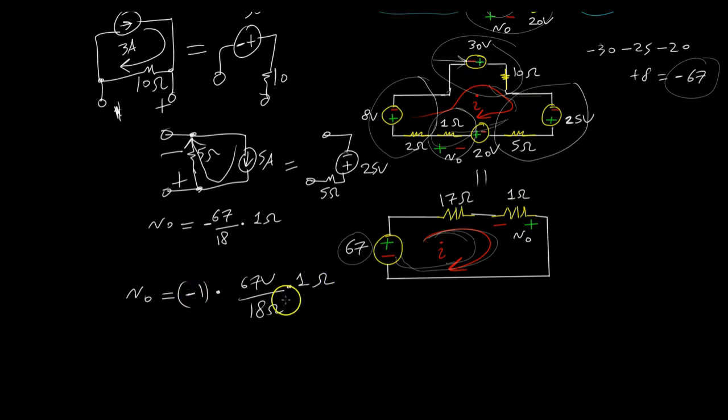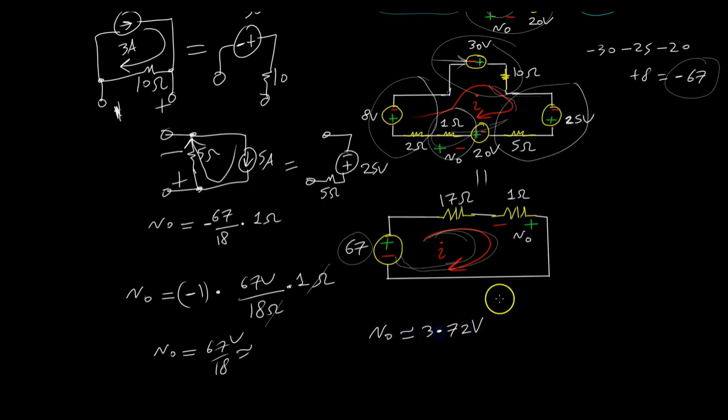So that is the final answer. Ohms cancel out, and we get that V out is equal to 67 over 18, which is roughly 3.722.